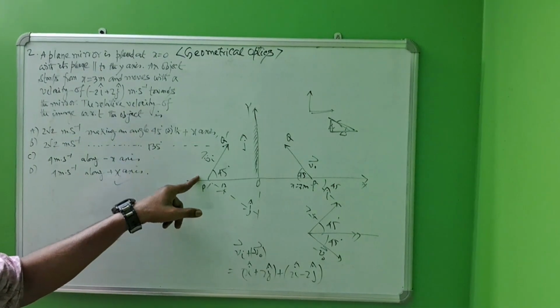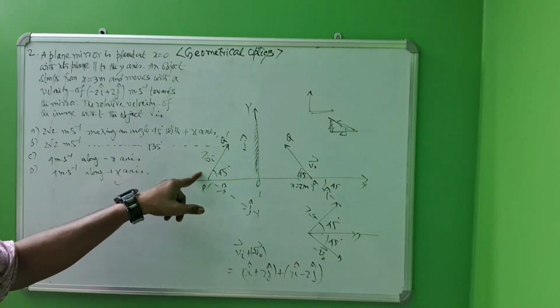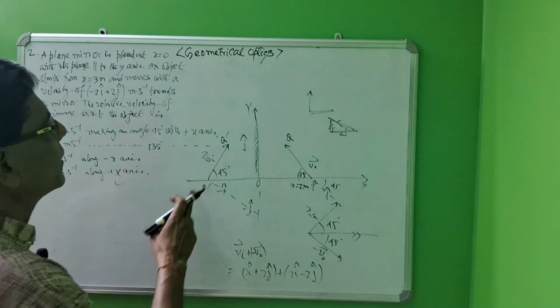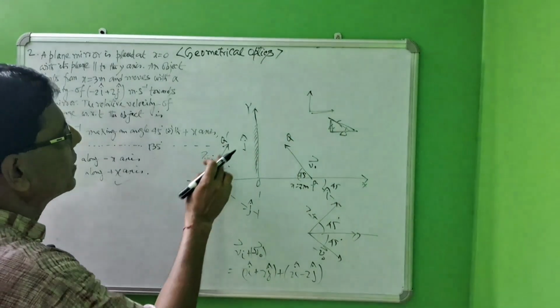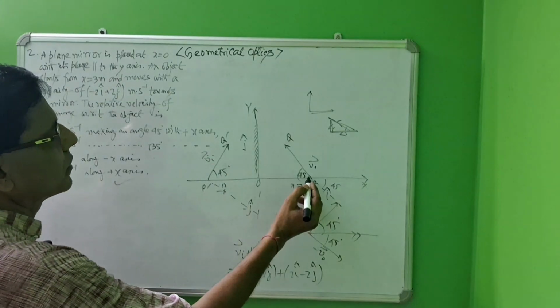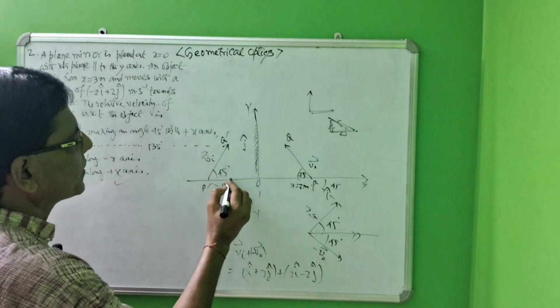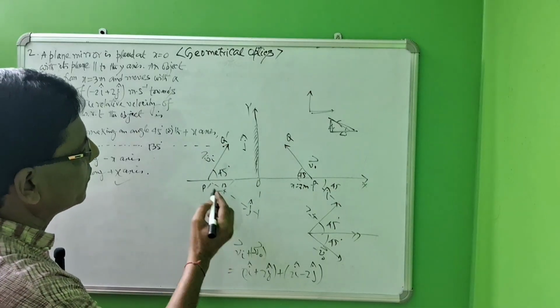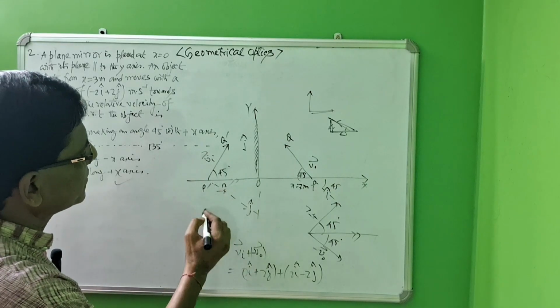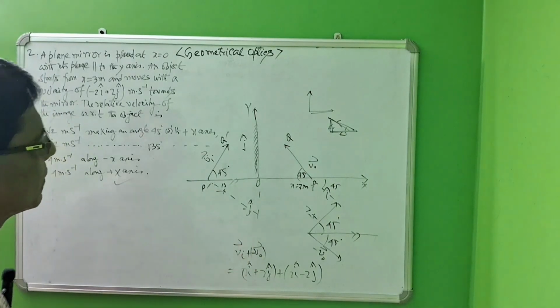What is the image vector? This is the object vector. This is the image vector. So this vector comes from the image vector. That's this plus this. We get this vector, and for this we get this plus this. We get this vector.